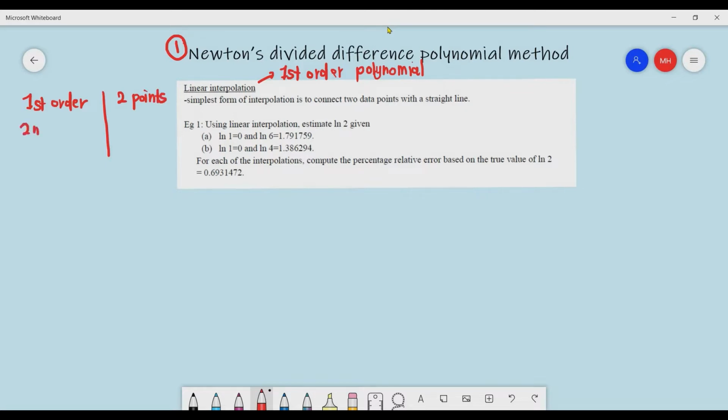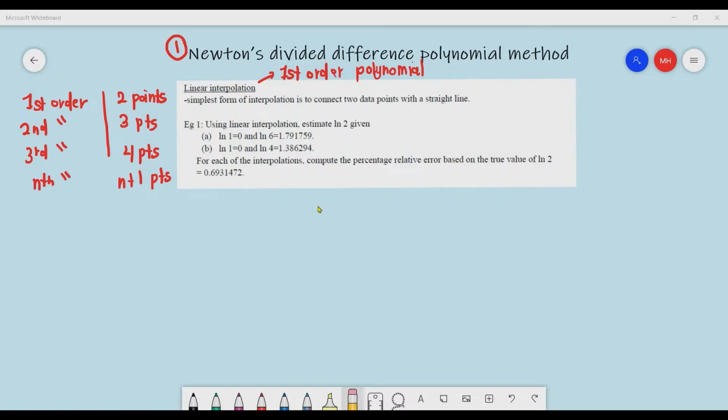For the second order, you need at least 3 points. For third order, you need at least 4 points, and for the nth order you need n plus 1 points. So for linear interpolation, at least 2 points are needed.